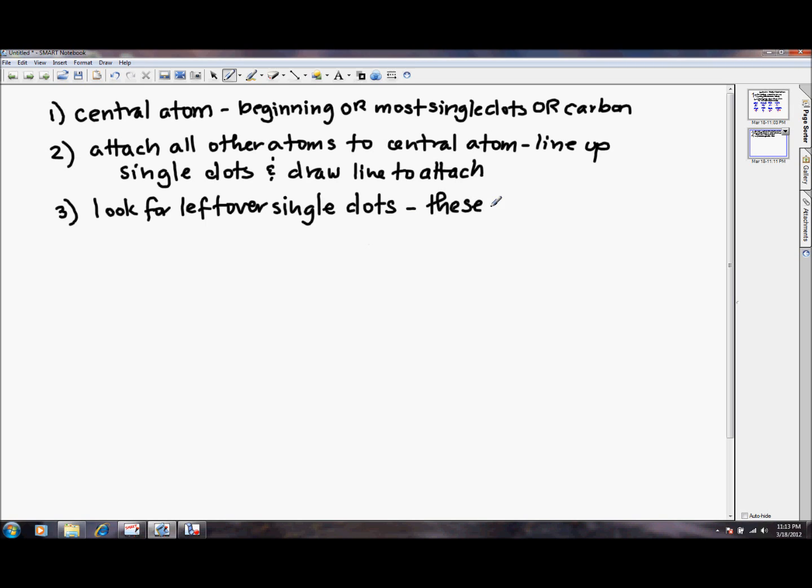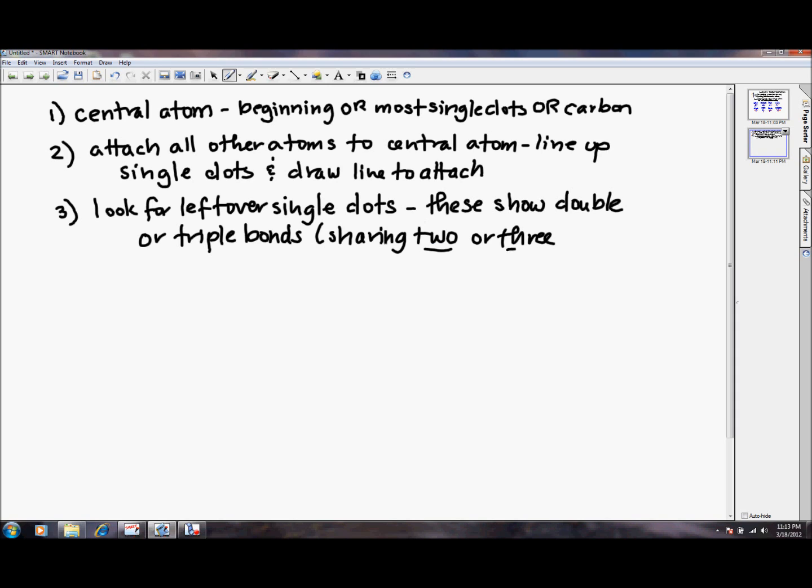These are important because these show what are called double or triple bonds. In other words, this shows where the 2 atoms are sharing 2 or 3 pairs of electrons instead of the normal 1.